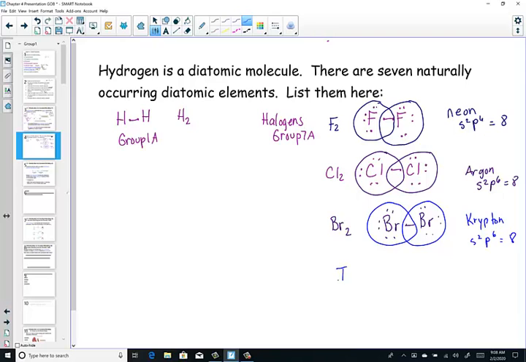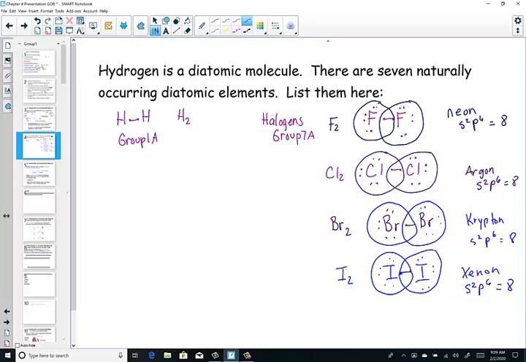And one more in this group is iodine. Iodine has 7 valence electrons. It lives in group 7A. It is an unstable configuration by itself, so in nature it will help stabilize itself by just bonding to another like atom, making sure that the shared pair of electrons between the two gives it a noble gas configuration, such as xenon, with its s2p6, 8 valence electrons.